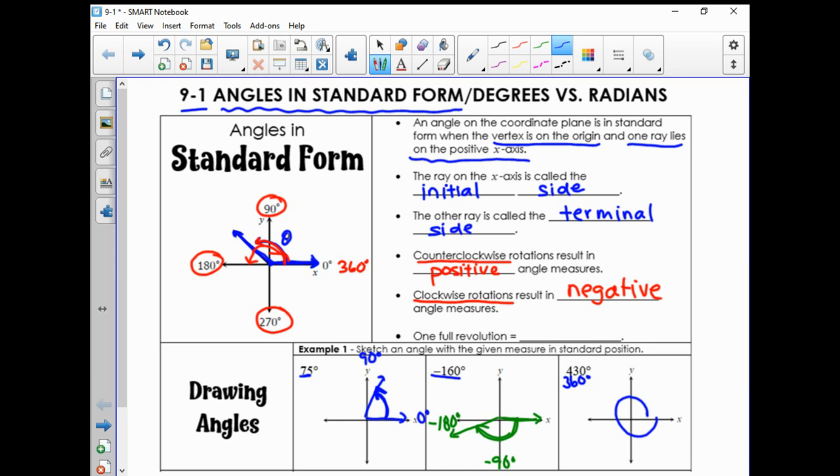To get to 400, I go 40 more, and then to get to 430, I go 30. 40 plus 30, I've got to go 70 more. So I draw a line that looks like about 70 degrees more, right there. That is a 430 degree angle.